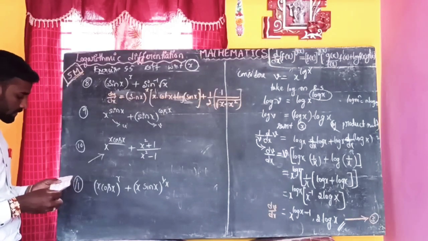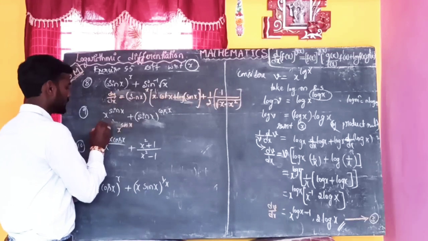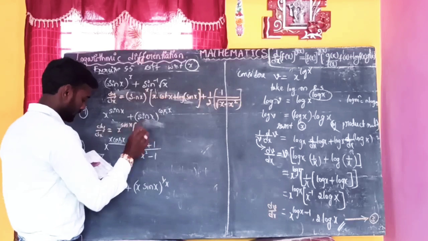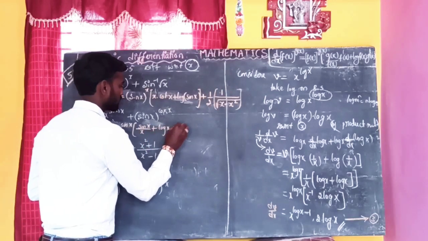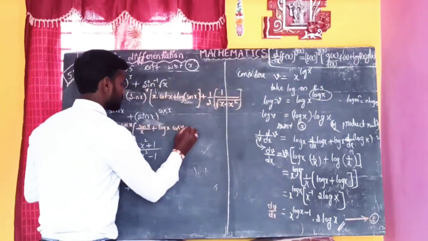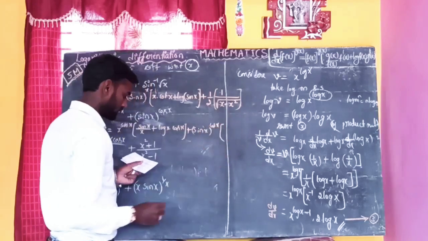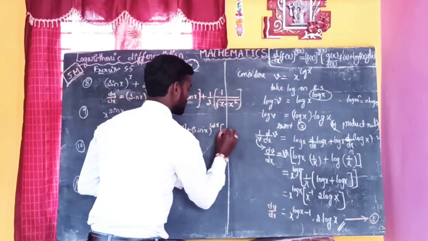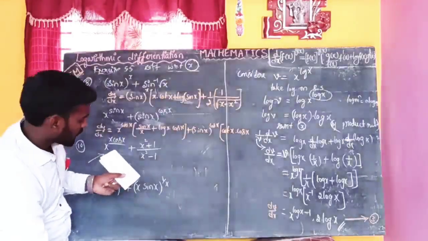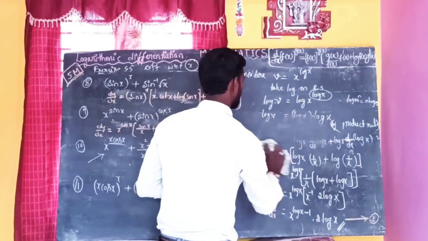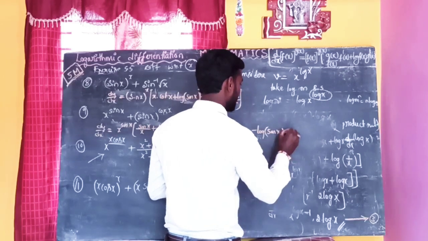8th one. Next. For 9th one, you should get here x to the power of sin x, dy by dx is equal to x power sin x into sin x by x plus log x into cos x, plus sin x whole power cos x into cot x into cos x minus log of sin x into sin x.